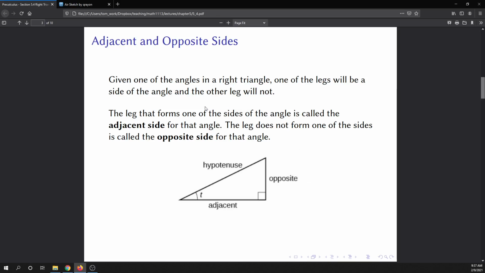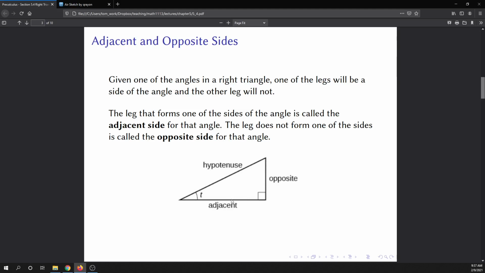If you pick one of the acute angles in the right triangle, here I've picked this angle down here labeled T, then one of the legs is going to form the angle itself. You can see this leg forms the angle T. The other leg is not part of the angle.